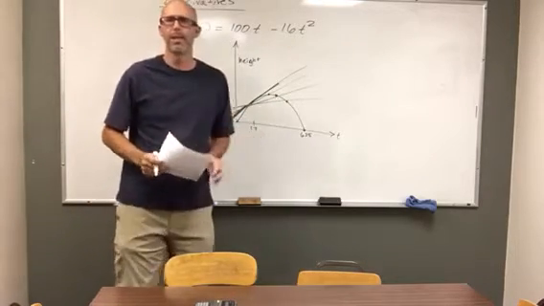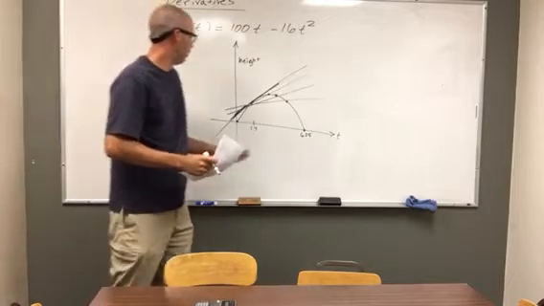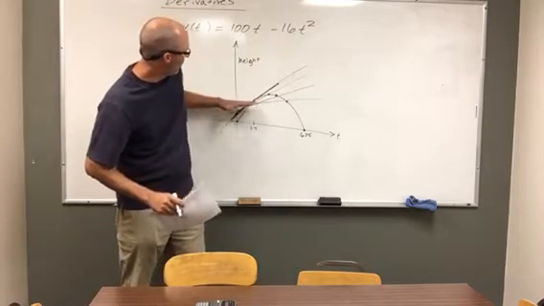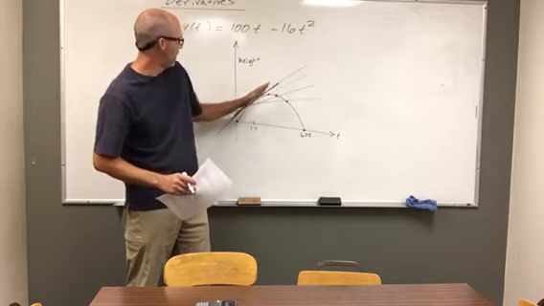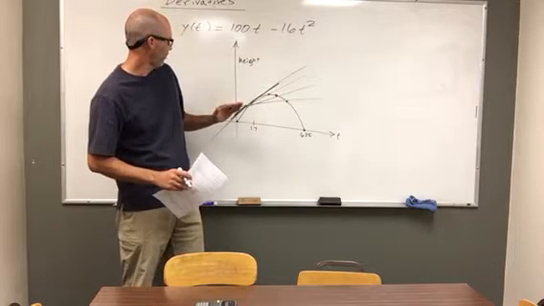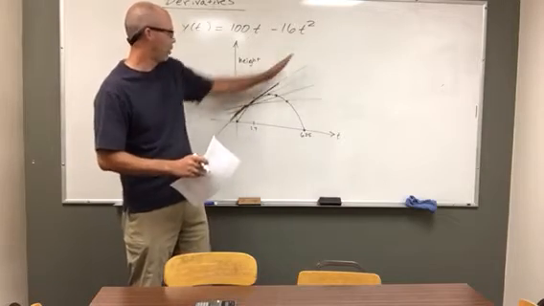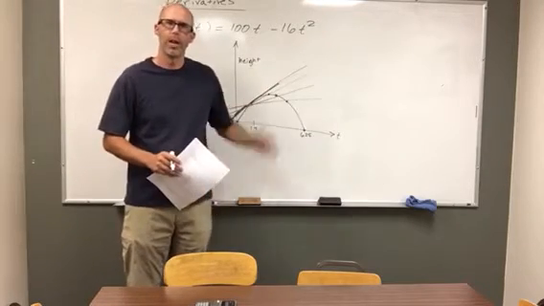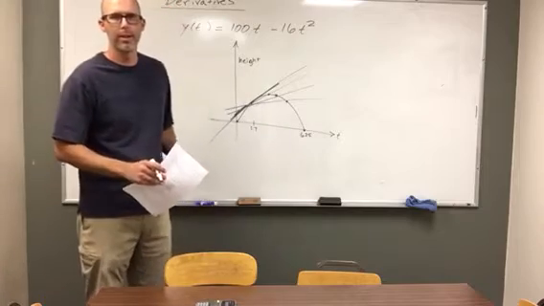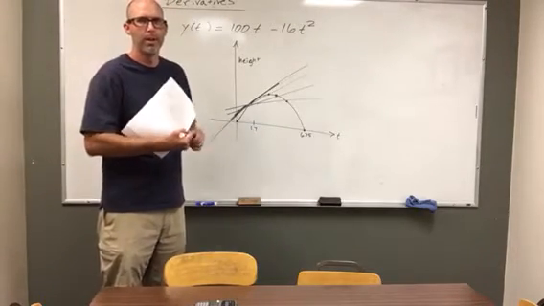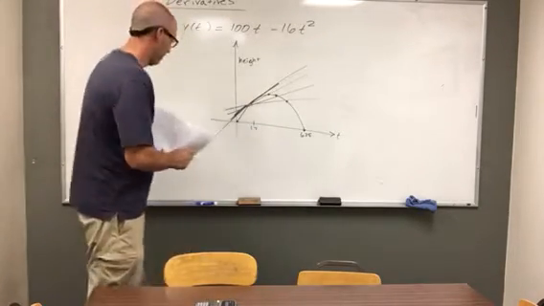So the old skill was you computed slopes of secant lines, and then you were to guess the slope of the tangent line. Now we're going to be a little more systematic using derivatives.